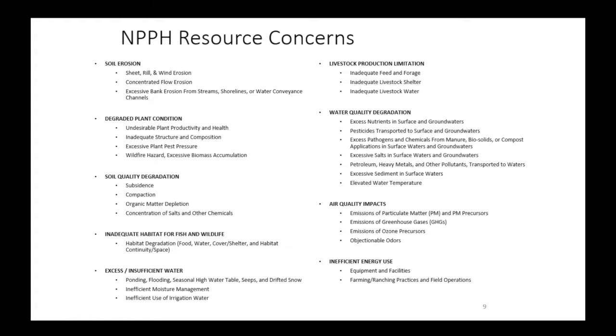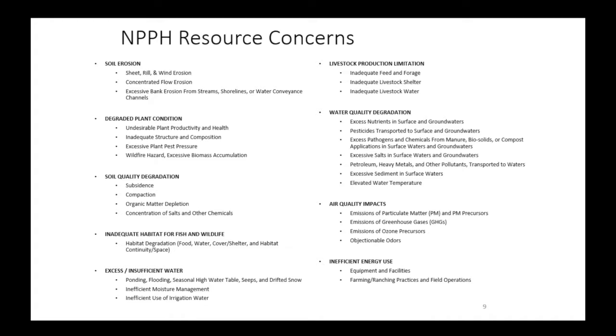Soil erosion, plant condition. These are things that we have to be thinking about as we do total resource management planning. What is the soil erosion that's going on out there? What are the plant conditions? Do we have a problem with some of the plants' productivity and health? Are there pest pressures? And you bet there's pest pressures.